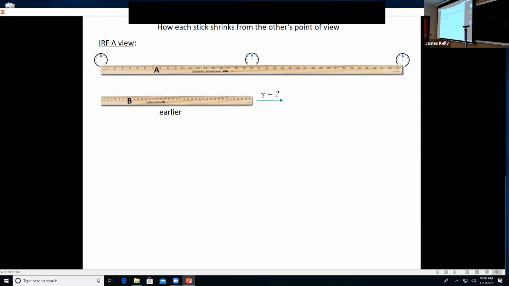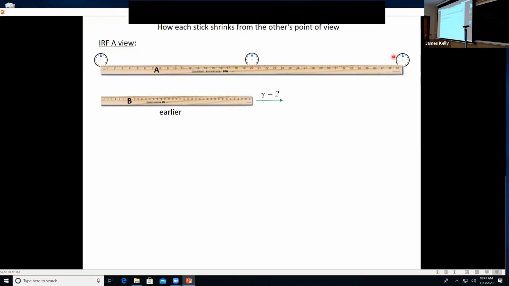We can't just have one effect. If there were only meter sticks shrinking, we'd be in trouble, because there's no way that they can both shrink relative to each other. But if you combine that with the asynchrony of the clocks, the relativity of simultaneity, then let's imagine from A's point of view, here is A's meter stick sitting perfectly at rest, right? So we're imagining it from the rest point of view of that meter stick. And of course, we could attach some clocks to A's meter stick and we would make them synchronized, right?